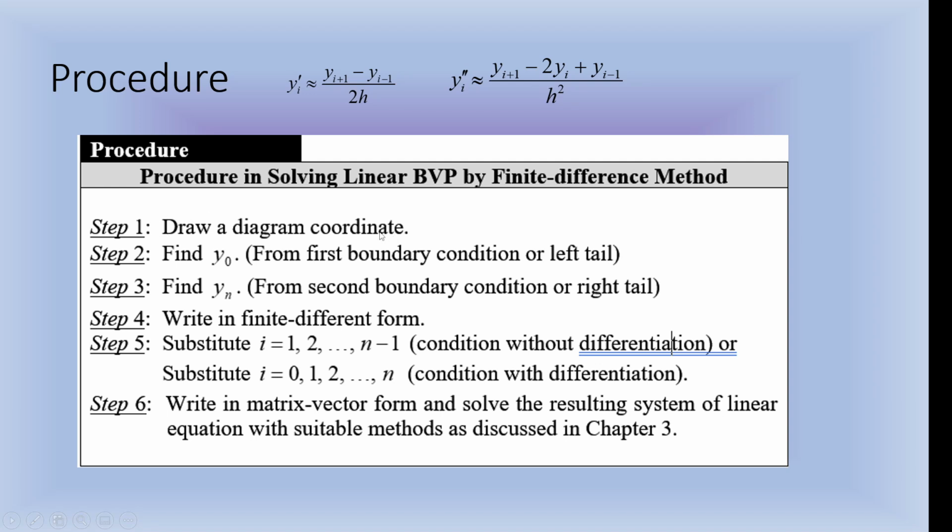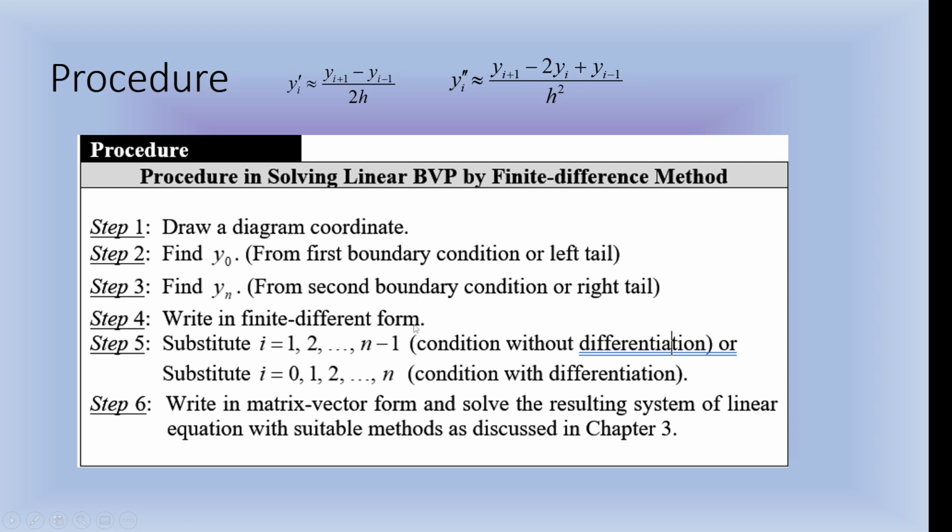You draw the diagram, and then find the y0 and yn. If a normal boundary condition, y0 is given, yn is given. Now y0 and yn are given in derivative form. Hence you have extra 2 points, which are y0 and yn.